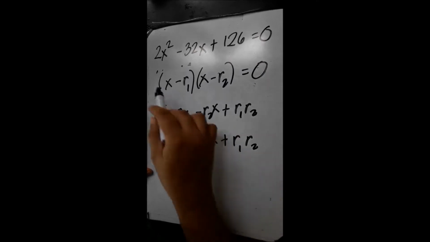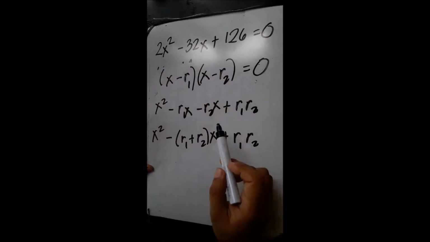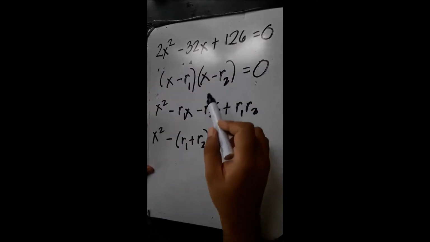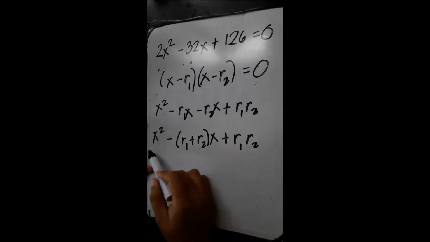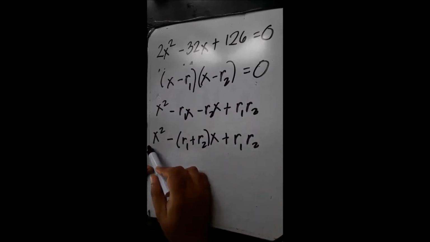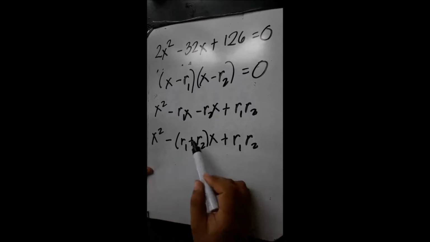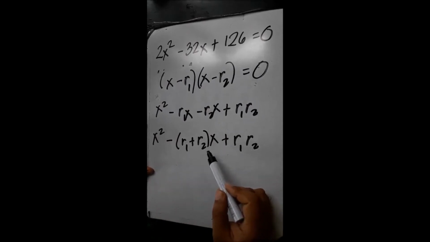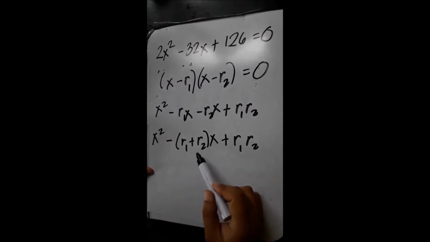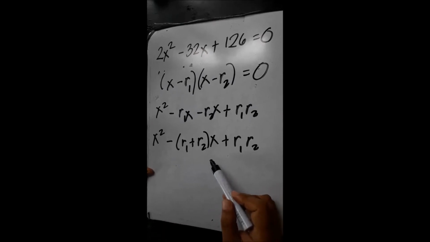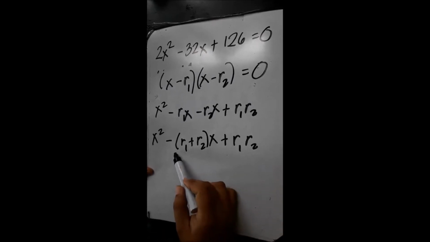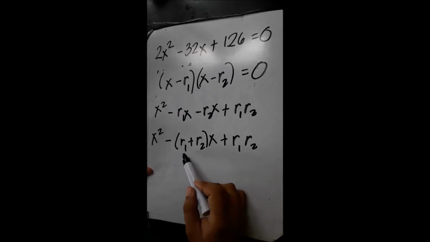Although we need to factor out the 2 just to have an x squared with a coefficient of 1. But this is basically the foundation of the method.